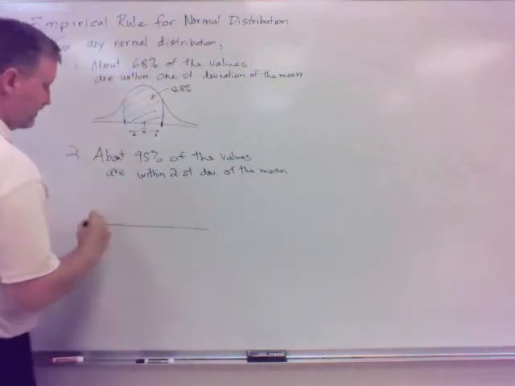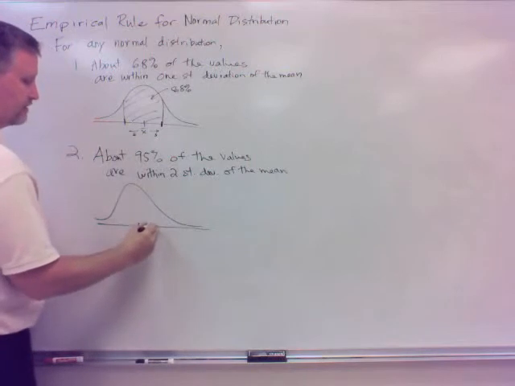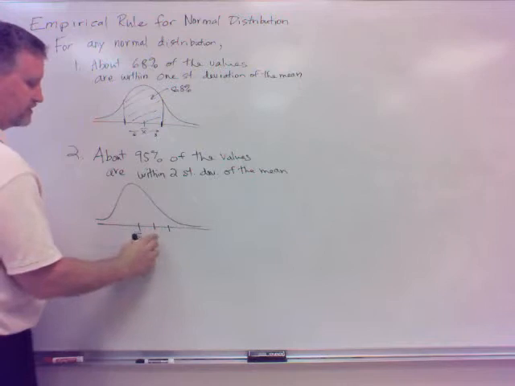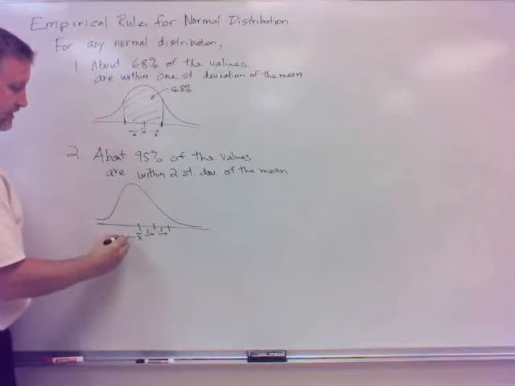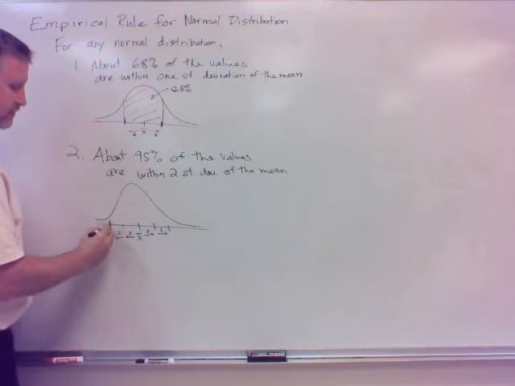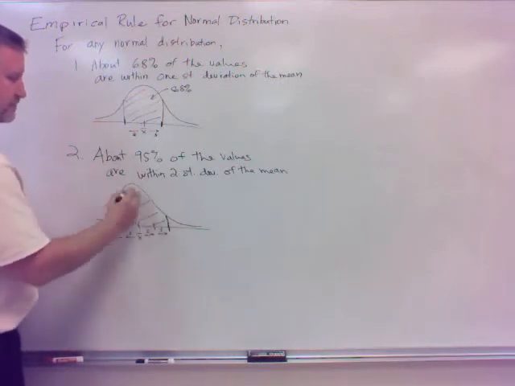So if I go, here's my x bar, one standard deviation, and then I go another standard deviation, I'm going two, forwards and backwards. One, and then another one. So I'm going from here all the way to there. That percentage is 95%.